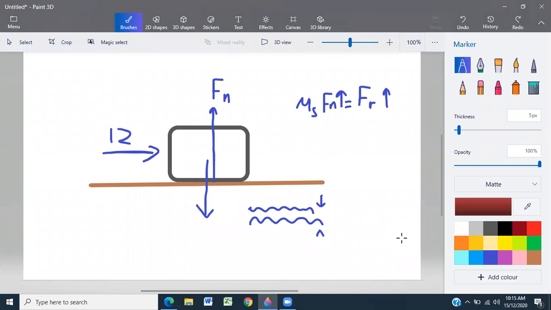The only thing to take away from this, keeping things simple, is this little formula here. Let's rewrite it.